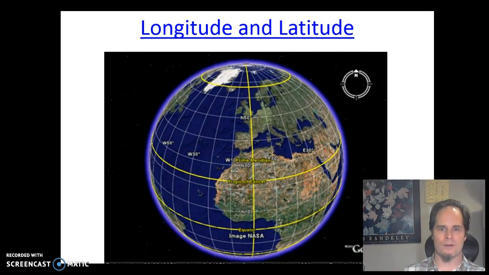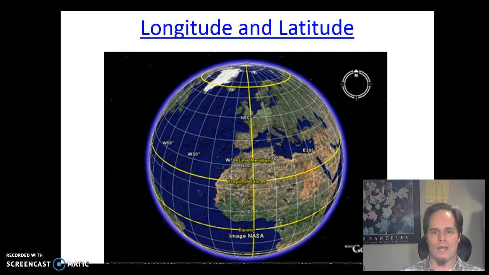By contrast, there are meridians. Meridian lines are those which run north-south and represent different degrees of longitude. And so if you look at this globe, you'll see the prime meridian, which is the most important meridian of longitude, runs through Greenwich, England, and circumnavigates the globe north-south and cuts across the Pacific Ocean at its opposite end.